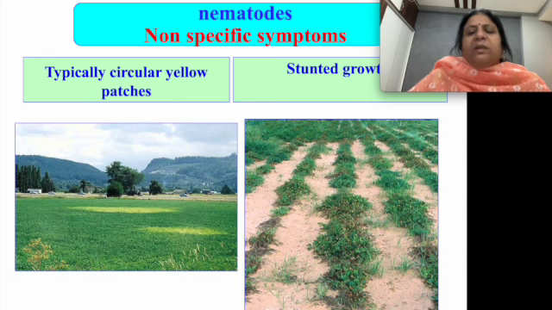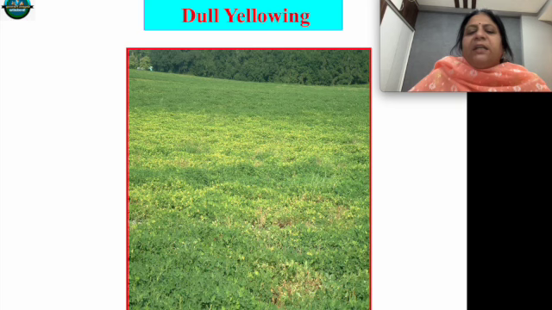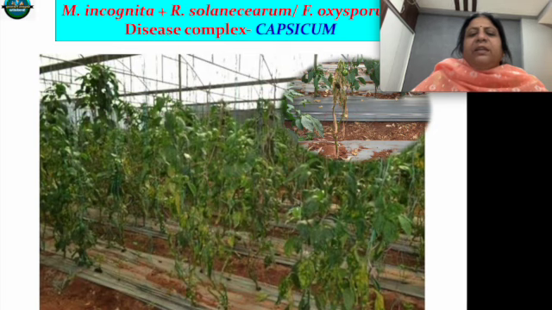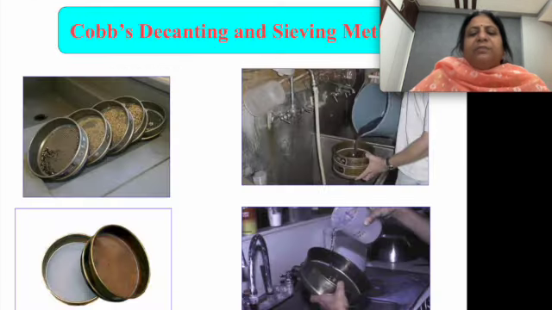At that time it is to be observed whether any hopper is present. The hopper burn symptom is in paddy, and the circular yellow patches due to nematodes are in vegetables and other crops. Stunted growth, dull yellowing, which is a symptom of nematode. You can see Meloidogyne incognita in capsicum.